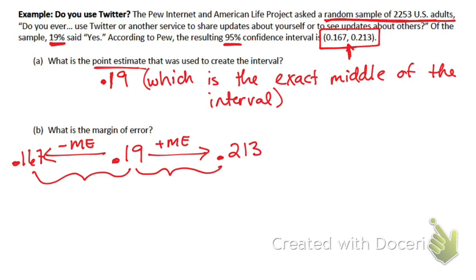So from 0.19 to the high estimate, that's the margin of error. Or from 0.19 to the low estimate, that's the margin of error. So that distance is the same. Any ideas how I can find out how far that is away? Subtraction. So, guys, what is the margin of error for this problem?